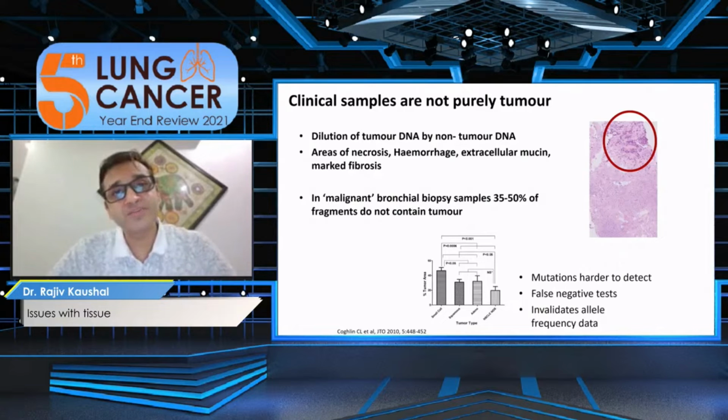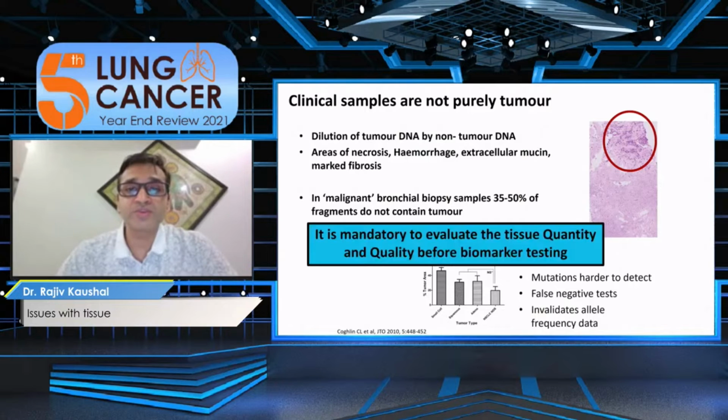Next, once the diagnosis is made, now the role of molecular diagnosis comes, and the first and important role which a pathologist plays is about the adequacy of the tumor and the selection of an adequate block for the molecular diagnosis. We have to keep in mind that the tissue we get is not always pure tumor.